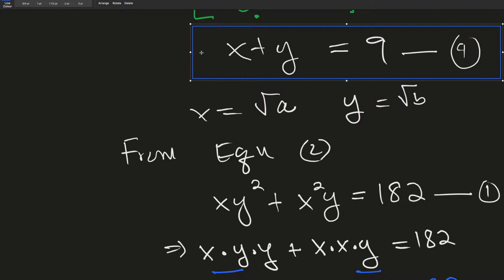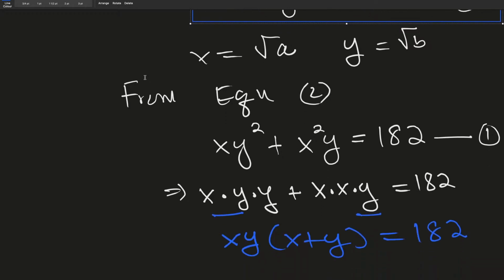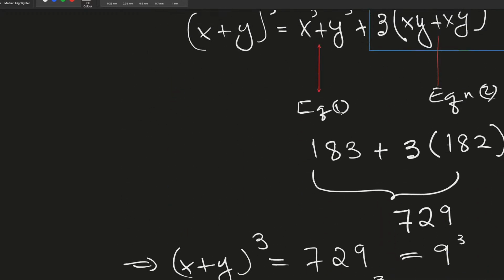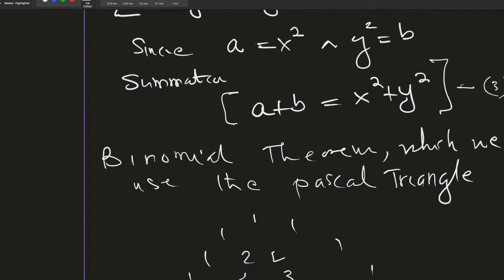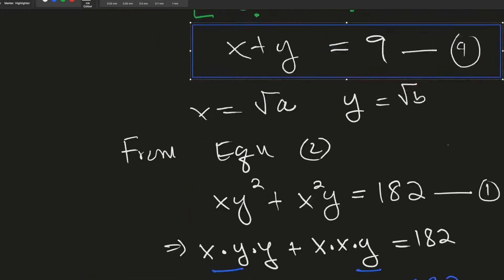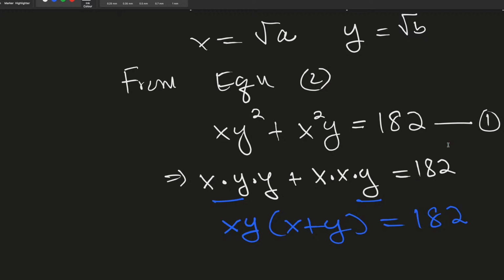So now I'm going to substitute equation 4 into equation 2. Yes, equation 2. So that is equation 2. You see? So this is equation 2.